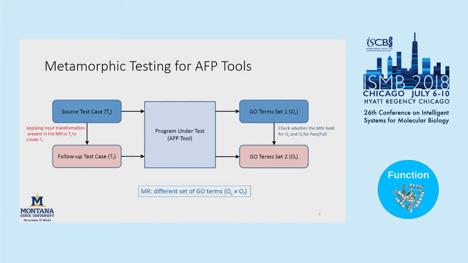By applying metamorphic testing to AFP tools, we will execute the program with a source test case and a follow-up test case, which can be sequences, and we will have two sets of GO terms. Then we check whether the metamorphic relation holds for these two sets of GO terms. As an example, if the source test case is the canonical sequence of protein tyrosinase, by executing the tool with this sequence, we will get a list of GO terms.